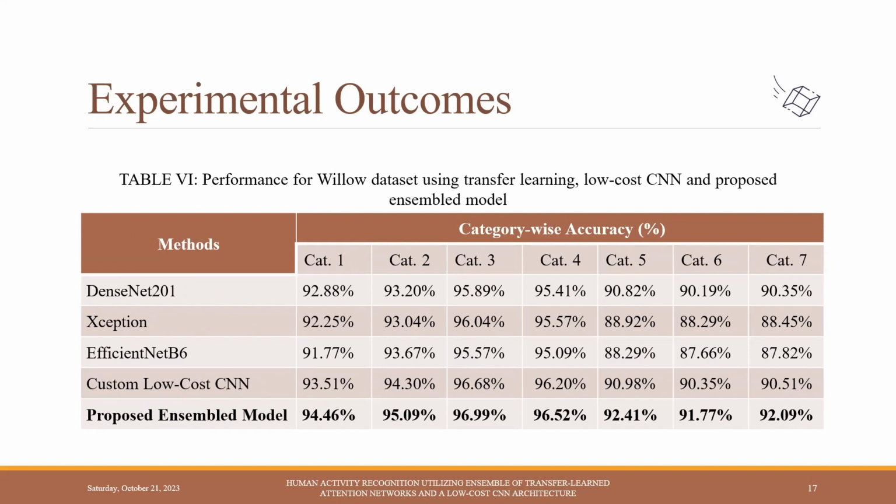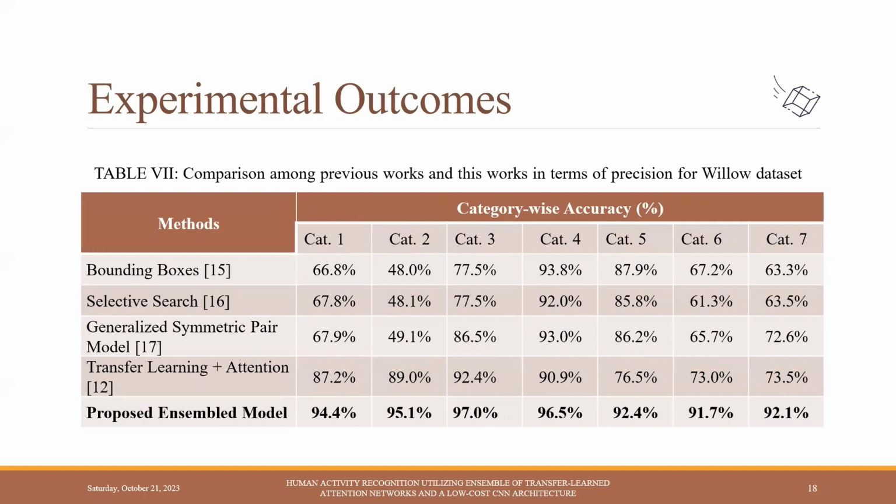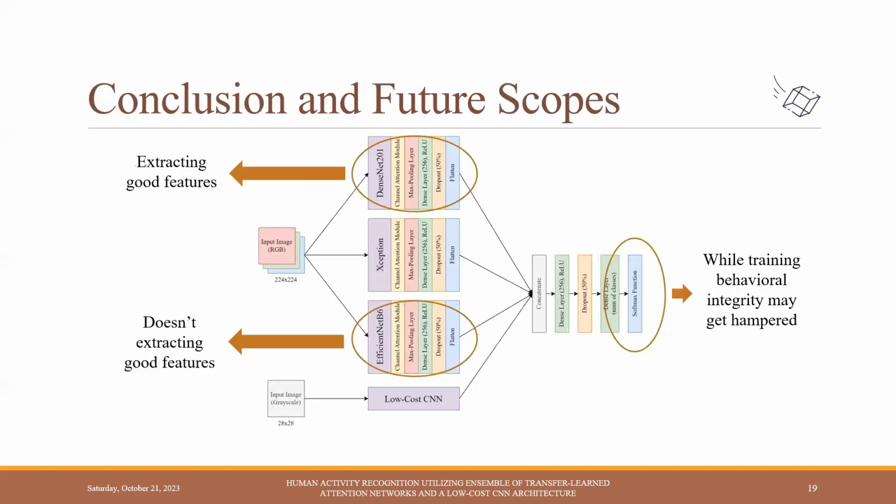And this one is the results of the Willow dataset. You can see the class-wise accuracy for all the 7 categories. And here is the comparison for the Willow dataset with the previous approaches or methods. Okay, so that's it.